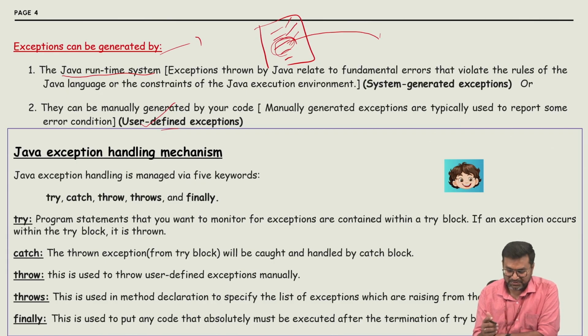So using the Java exception handling mechanism, instead of terminating the entire application when I encounter an exception, I terminate only the part of the code which is causing that exception.